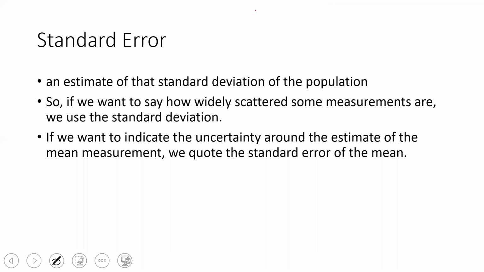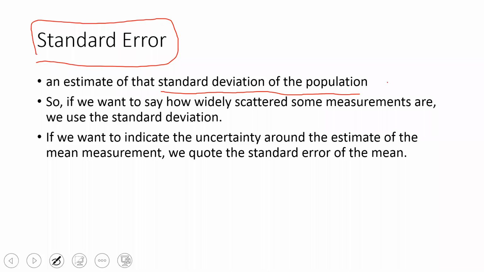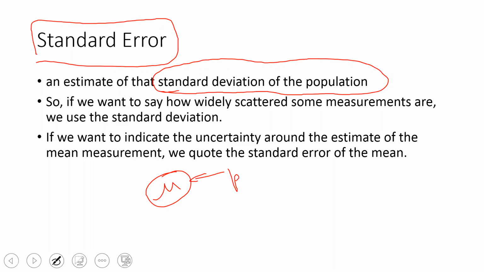We also have a term which is called standard error. Standard error is an estimate of the standard deviation of the population. What happens is that I will have some mu, and this mu will belong to my population.